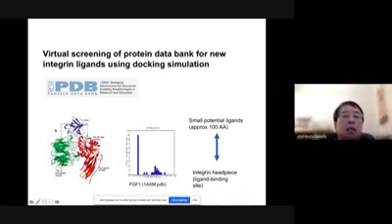What we do is like this: small protein ligands, pick 100 proteins with 100 amino acid residues or less. Then we use the integrin headpiece, which contains the ligand binding site, in the active form of integrin. Active means some crystal structures were crystallized with RGD in them, so that means it's active.